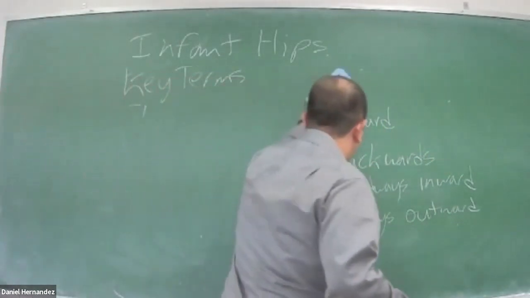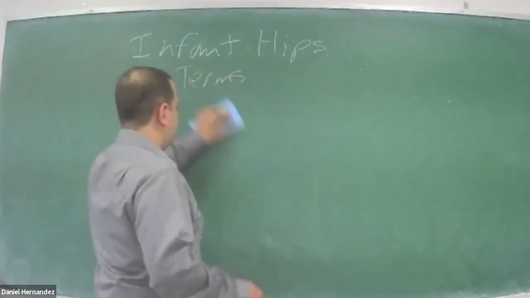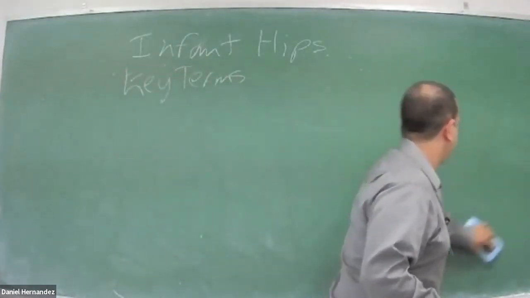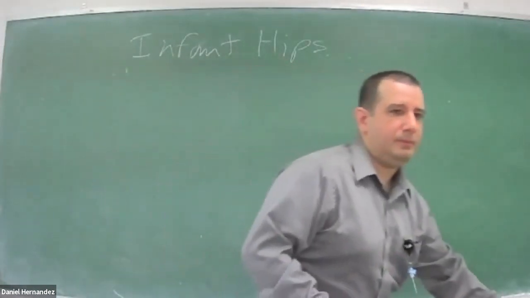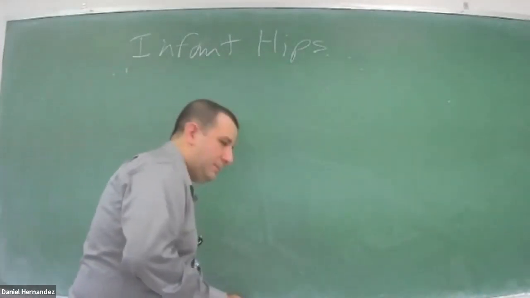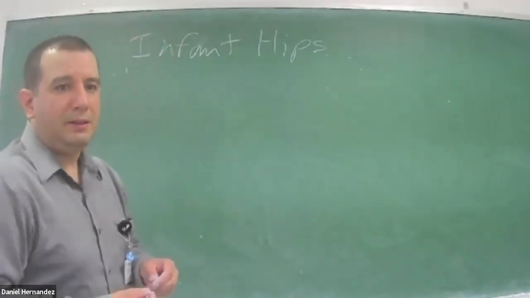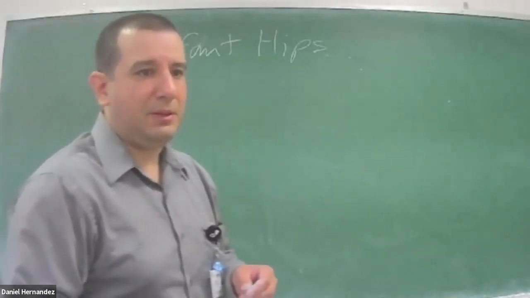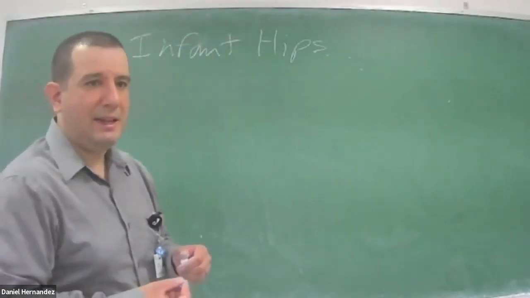The point of this is to ensure that the tendons and ligaments are tight and holding the hip in place. We're doing this because of a condition known as developmental displacement of the hip, or developmental dysplasia of the hip. So it's DDH.